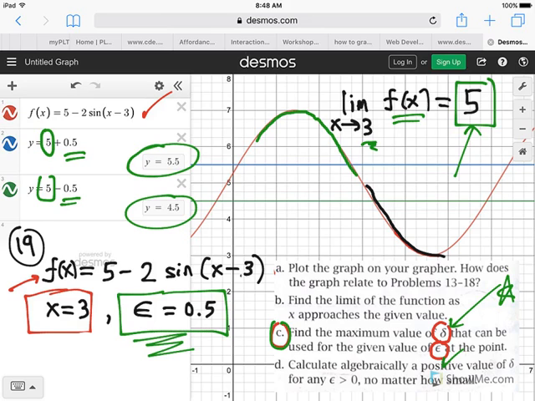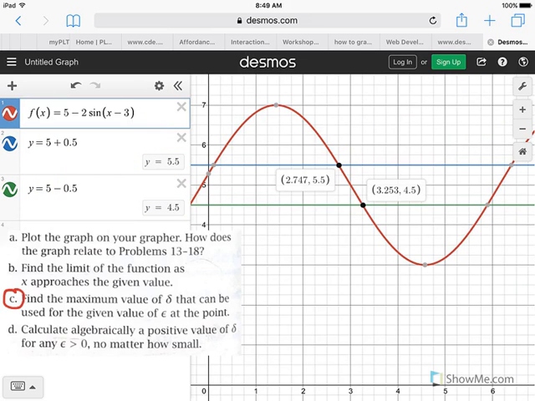So we're taking the limit of f of x as x approaches 3. We want to know how close the input values have to be to 3, and that's what delta is. Find the maximum value of delta, which will tell us how close the input values have to be to 3, so that the output values will be within a half unit of the limit.